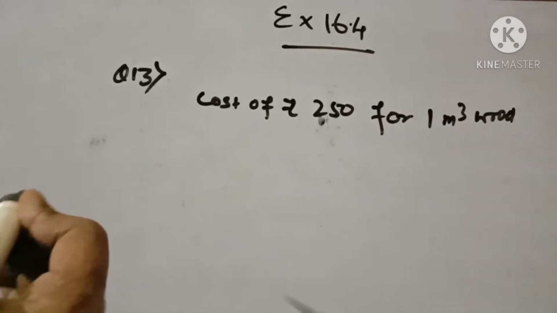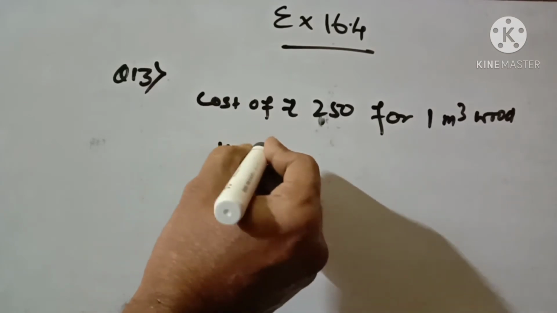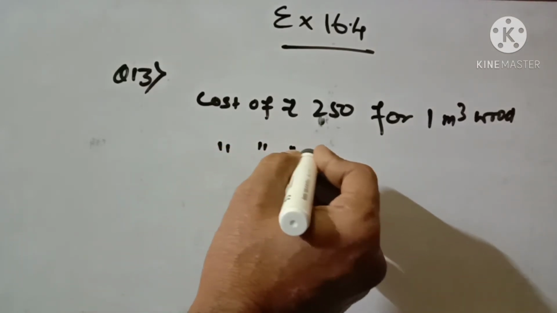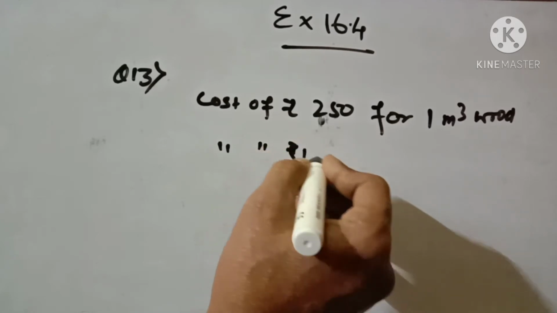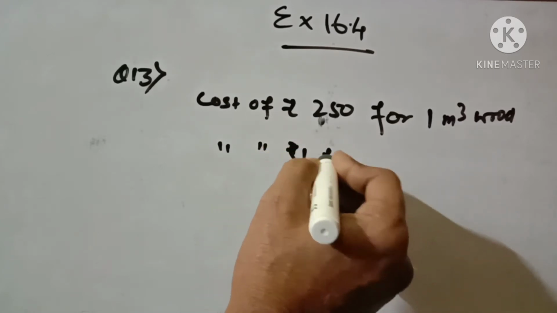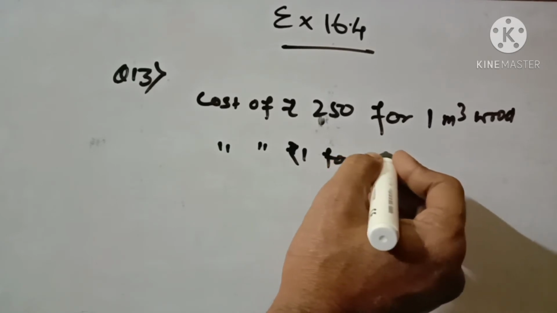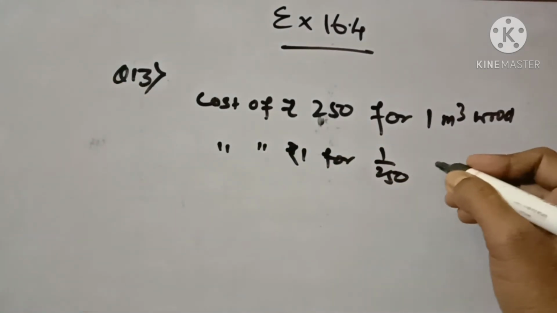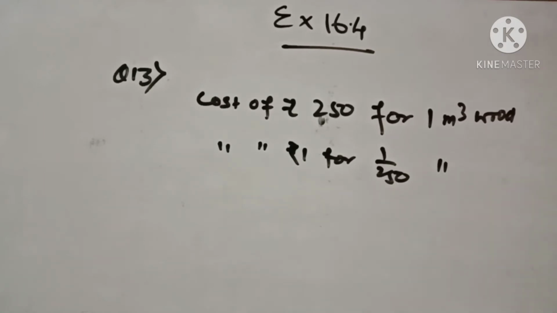Therefore cost of rupees 1 is for 1 by 250 cubic meter wood.